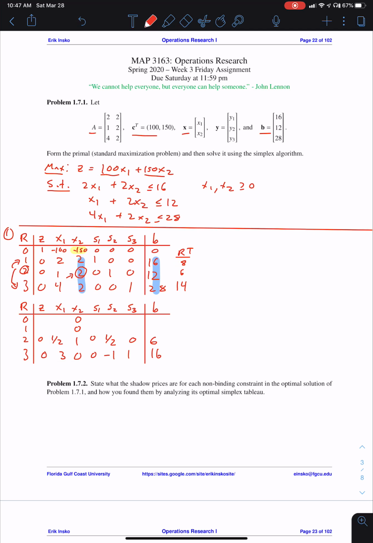And then we will move up to the row above it. That will look something like this: 0, 1, 1, negative 1, 0, 4. So we multiply this row by 150 and add it to the first row to make this x2 a 0.